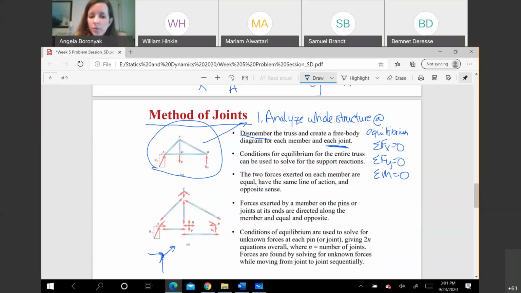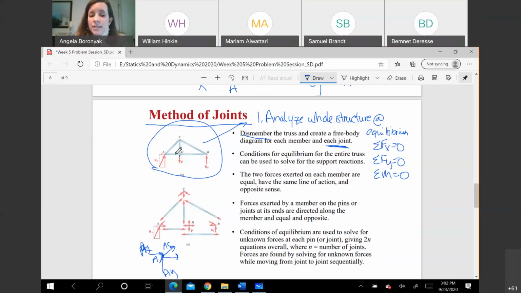So I always draw a beam pulling away, that would be from A to C in this case. And then I would draw this beam from A to D, this member, pulling away from point A as well. And this was my AX, and this was my AY reaction force.